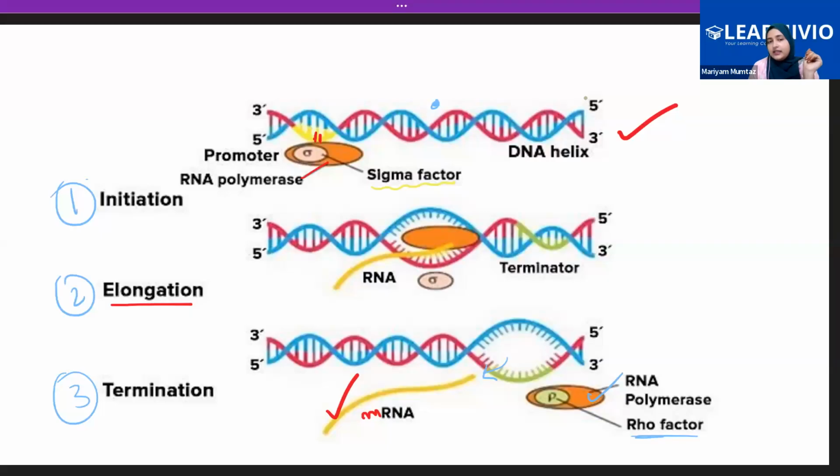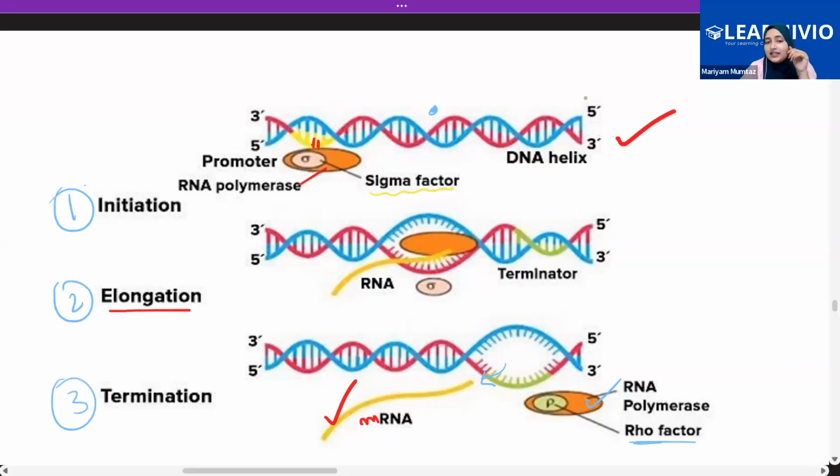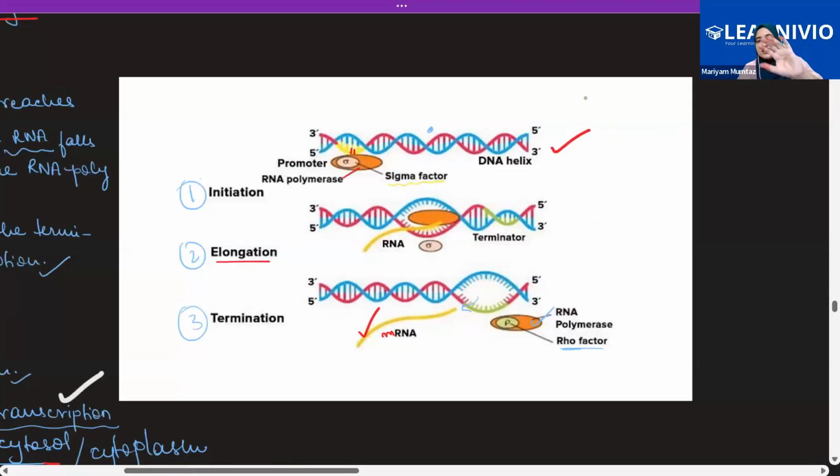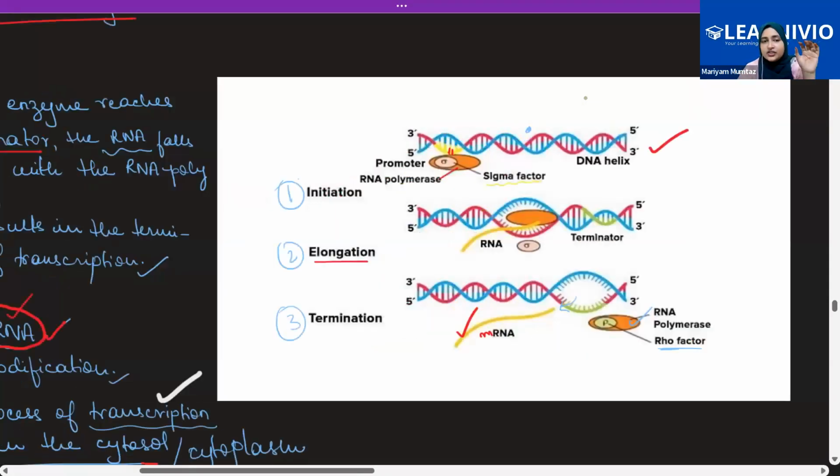Slowly, the DNA-dependent RNA polymerase will start adding the nucleotides so that the RNA could be synthesized from the DNA. And it will move throughout the length of the DNA. And then the termination factor would come, which we call the rho factor, which will end this process of transcription. So this is the pictorial representation.